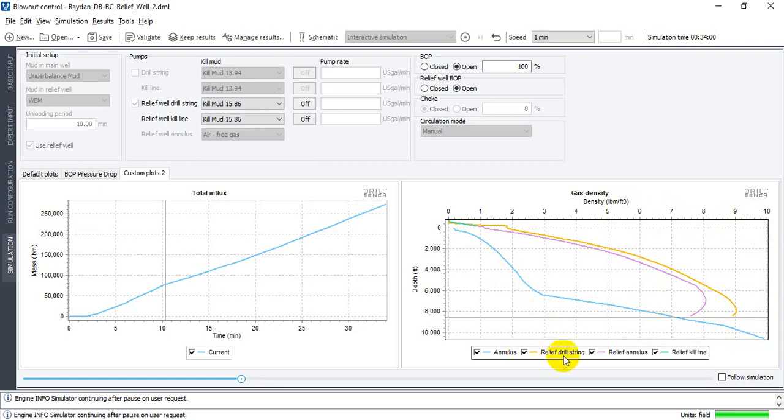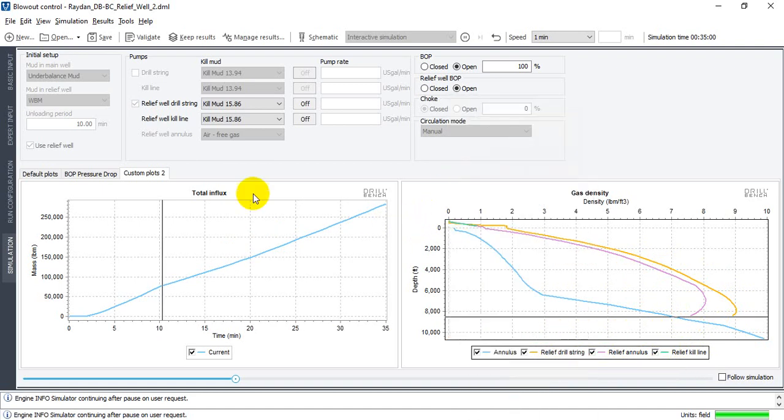And the relief drill string is the orange curve, and the relief annulus is the pink, and the green is the relief kill line at the wellhead kill line.